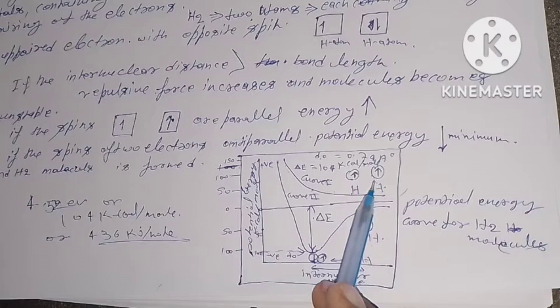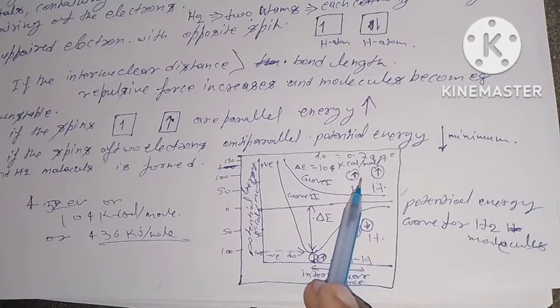At 0.74 angstrom, each hydrogen atom attracts not only its own electron but also the electron of the other H atom. Due to this, the electrons form a covalent bond and are shared by both H atoms.